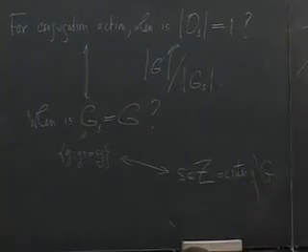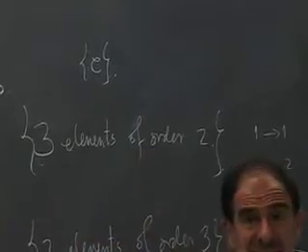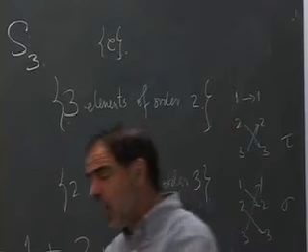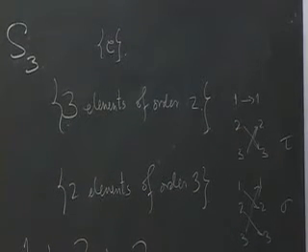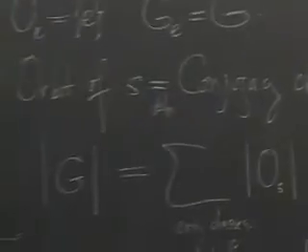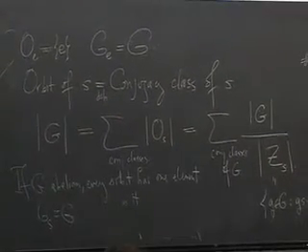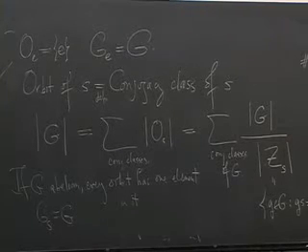So here, we only had one such element, because in the symmetric group, if you're not the identity element, you're not in the center. We're going to prove that later too. There's no more center of the symmetric group except the identity element once n is at least 3. But I'm going to prove to you an amazing thing that you get out of this little formula here, which is that if the order of your group is a prime power, it has a non-trivial center.